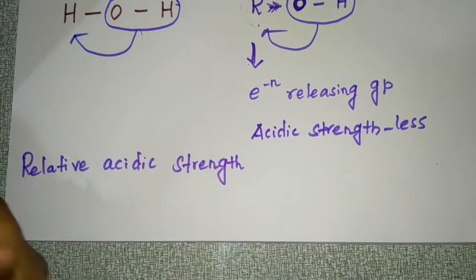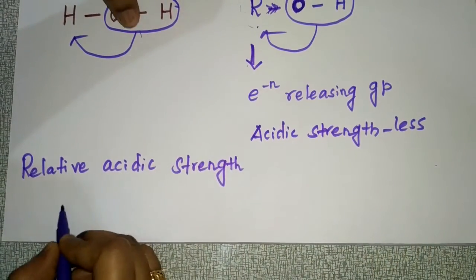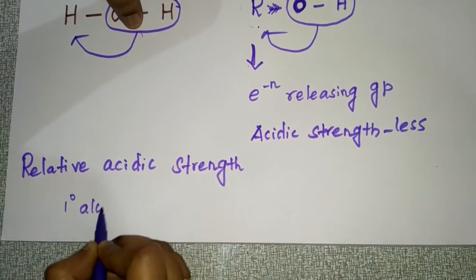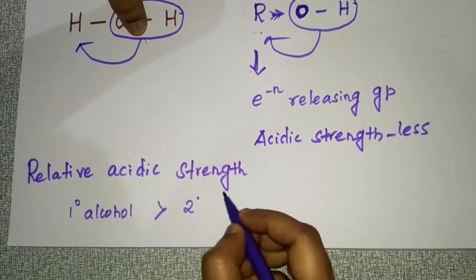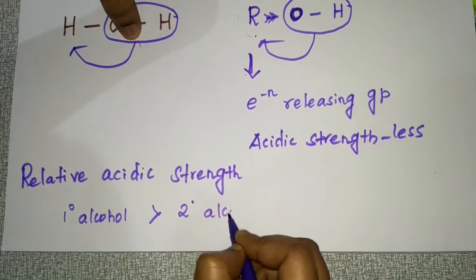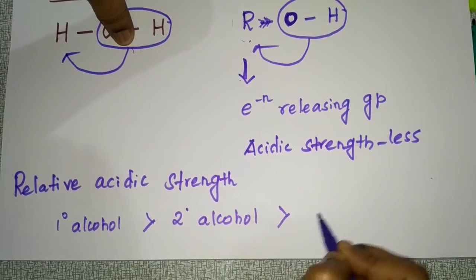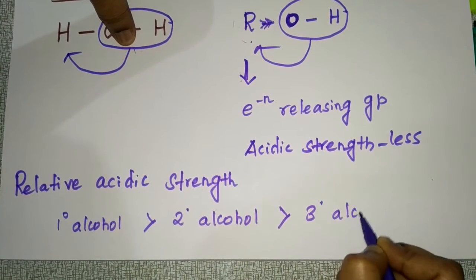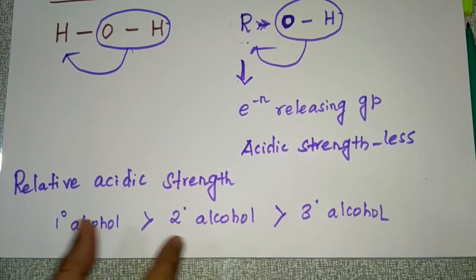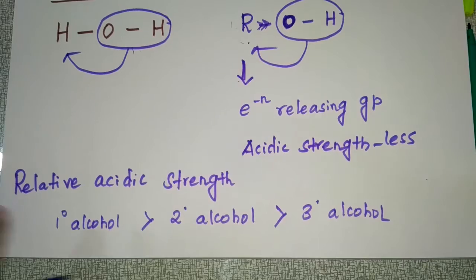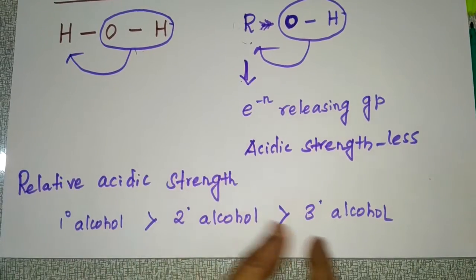The order will be primary alcohol more than secondary alcohol, and this will be more than tertiary alcohol. This is the relative order of acidic strength of different types of alcohol.